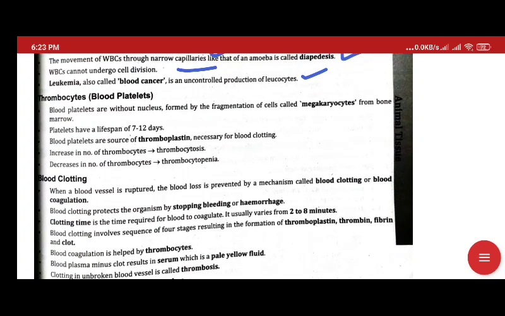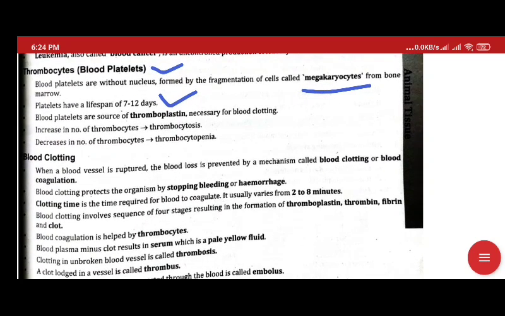Now we have the third type, blood platelets or thrombocytes, also called fragments of megakaryocyte, without a nucleus, and they come from bone marrow fragments. Their lifetime is 10 days. Now the source of platelets is thromboplastin; increased number is thrombocytosis, decreased is thrombopenia.